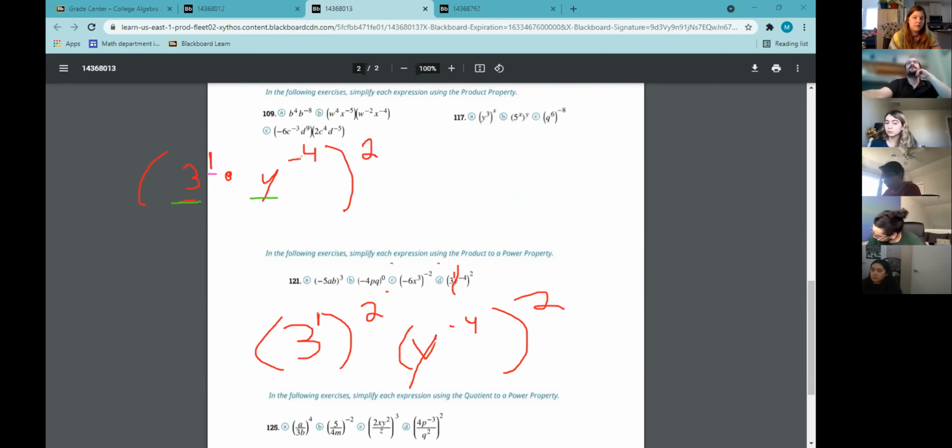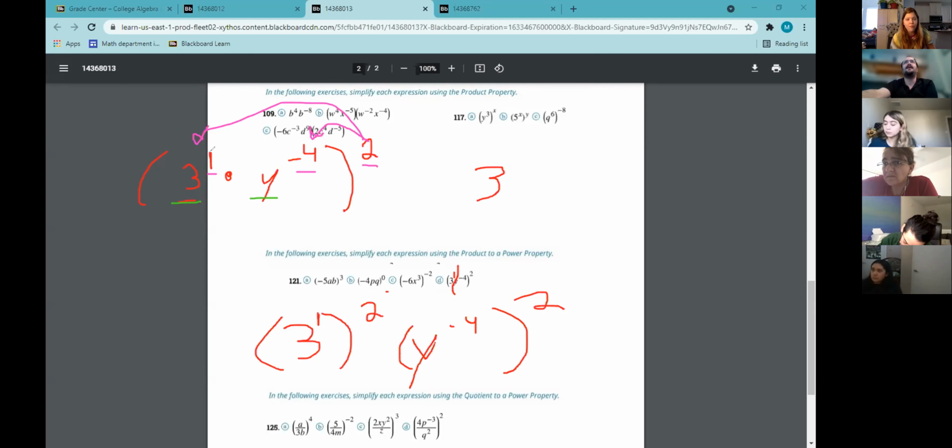So this is my exponent, this is an exponent, this is an exponent. So what ends up happening is I have this sort of distributive property that should happen. And so I have something like 3 to the, now I'm doing what, 1 times 2? One times 2, that's 2.